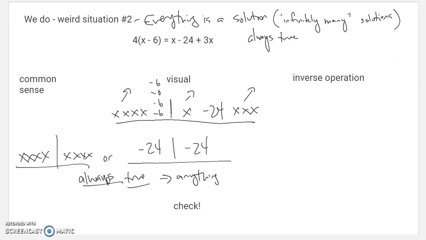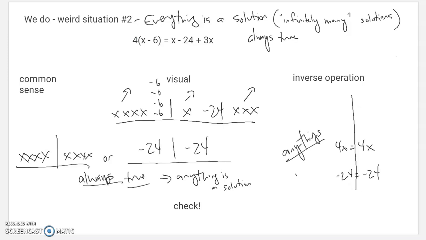Anything is a solution. So that's just a weird thing that can happen, number two. If you do the inverse operation strategy, you'll end up with the same thing. You'll do all your work, and you'll either end up with 4x is equal to 4x, of course it is, or negative 24 is equal to negative 24, of course it is. No matter what you do, you get something always true, and this tells you that anything is a solution.